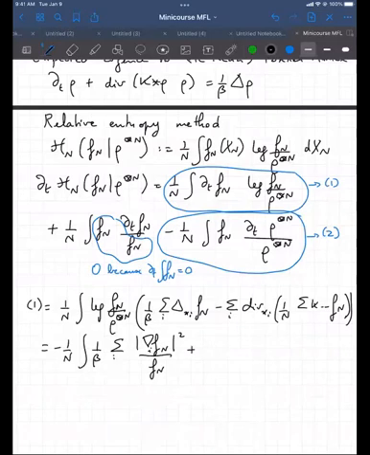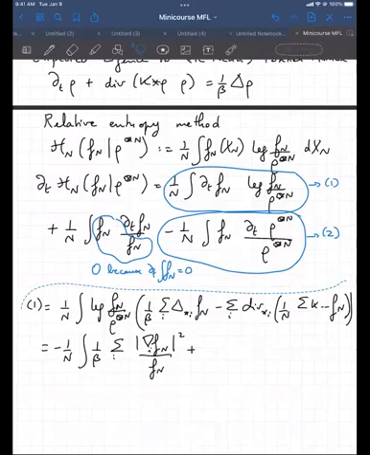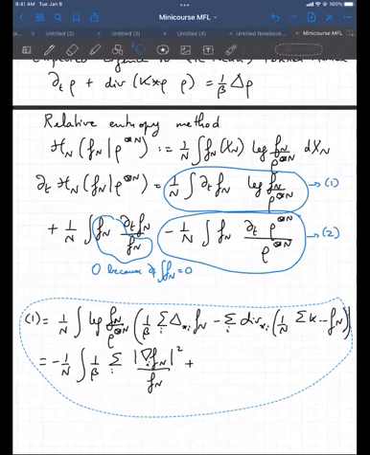The other one is when the gradient hits the log of rho tensor n times. You can do a little computation, so maybe I will do that first.